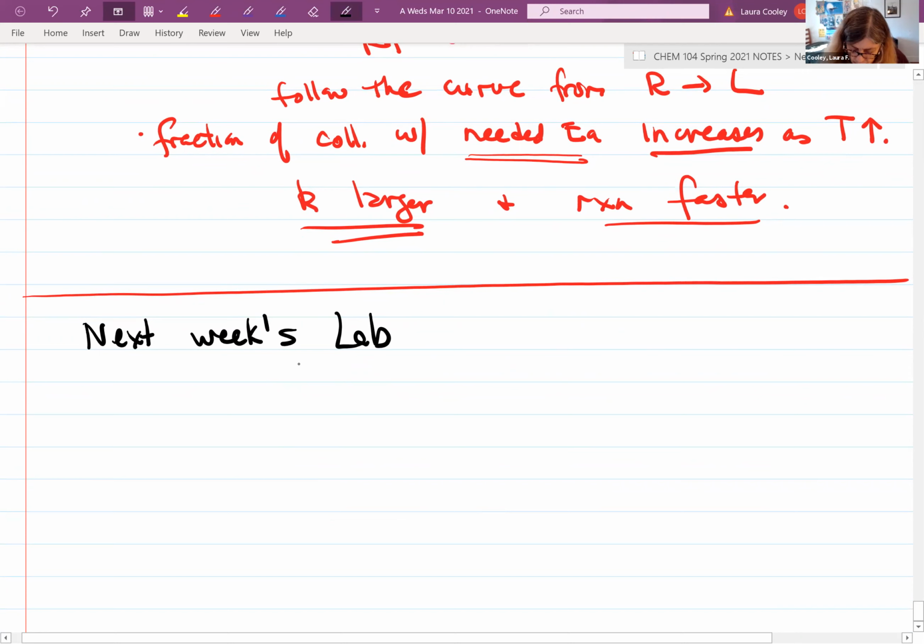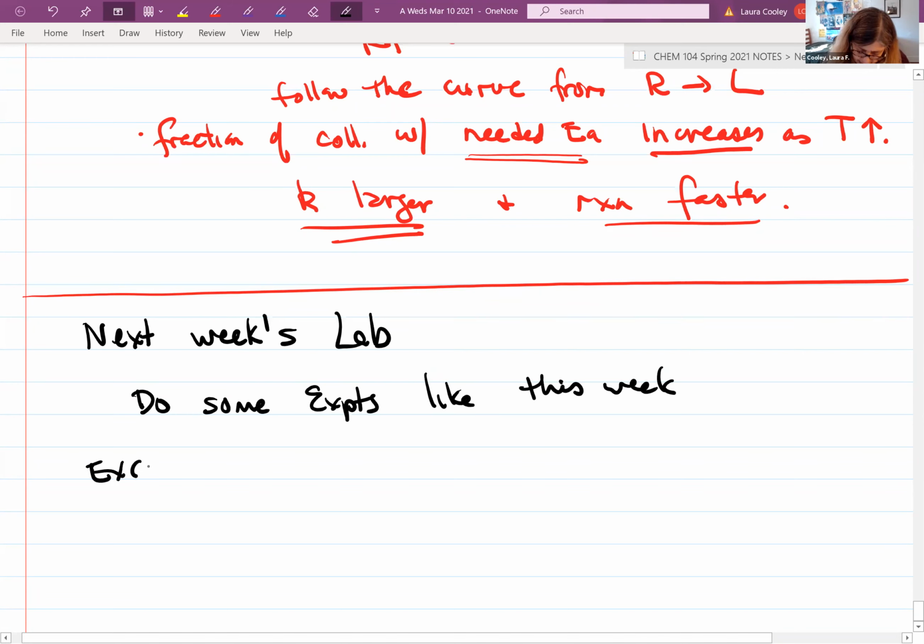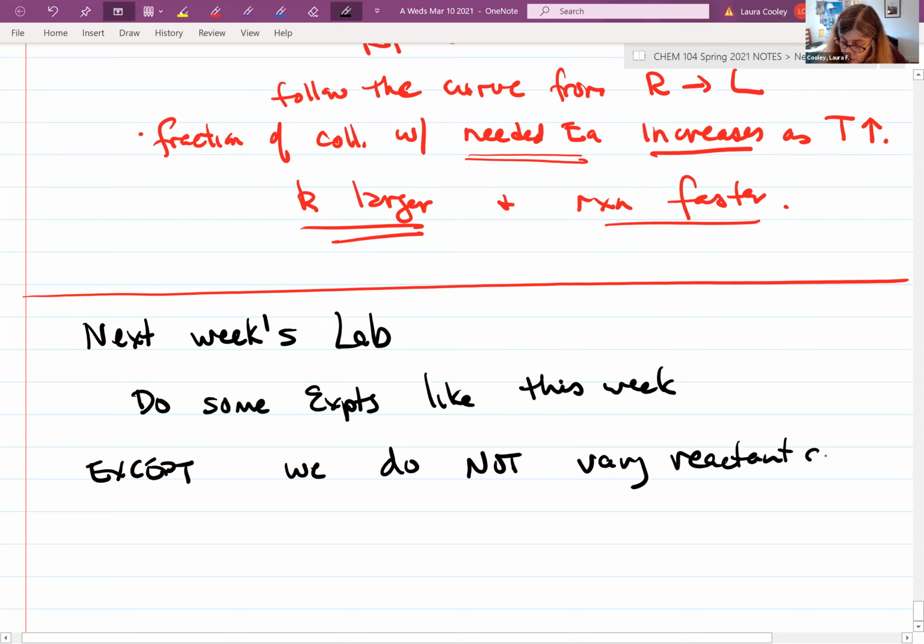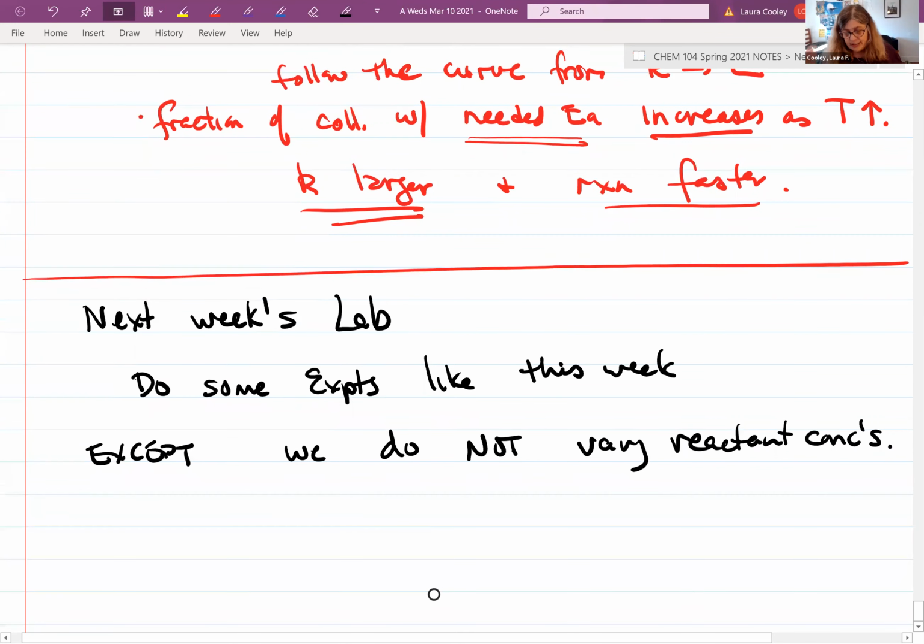But what I'm going to tell you about the lab is that we're going to do some experiments like this week, right? Except we don't vary the reactant concentrations. We already did that. We already found the rate law. That's not what we're going to vary.